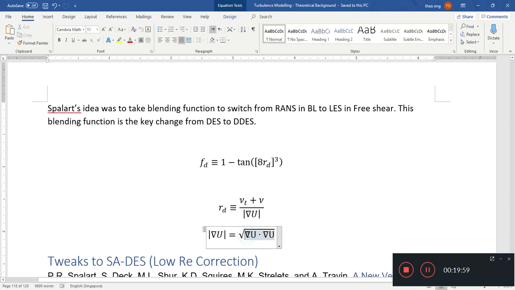That gives you the norm of the vector, which is basically its length. I think this is the L2 norm, but basically it's just the magnitude of this velocity gradient.